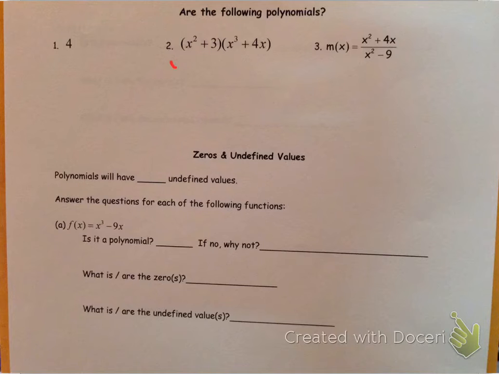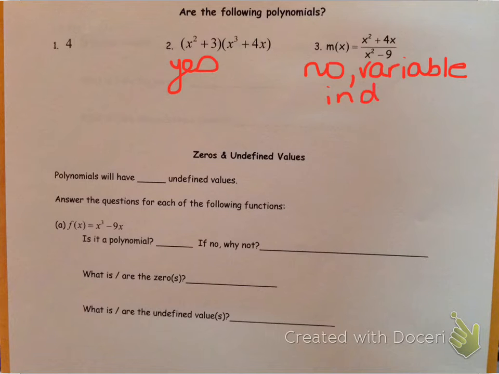So hopefully everybody said yes, this was a polynomial. Hopefully everybody said no, this was not. On the quiz, it's going to look like these fill in the blanks down below here. So you might want to make sure you understand that it's because there's a variable in the denominator.